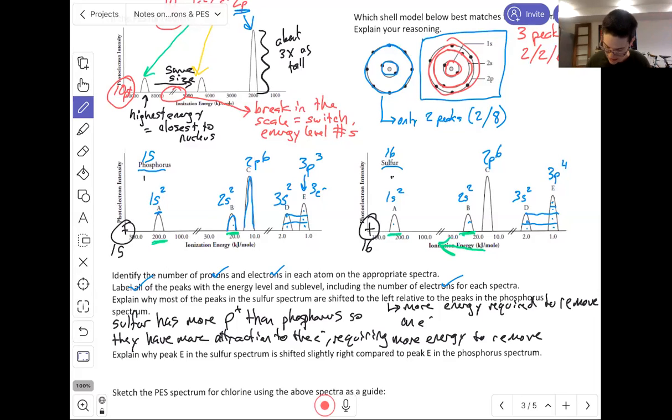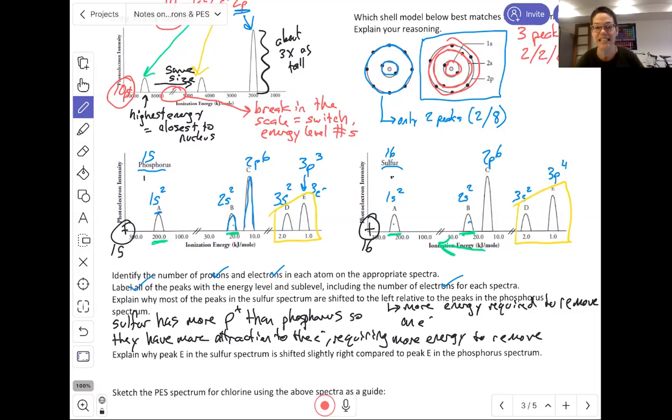So the last question actually has us look at these last 2 peaks. So I want to highlight what we've got going on here.